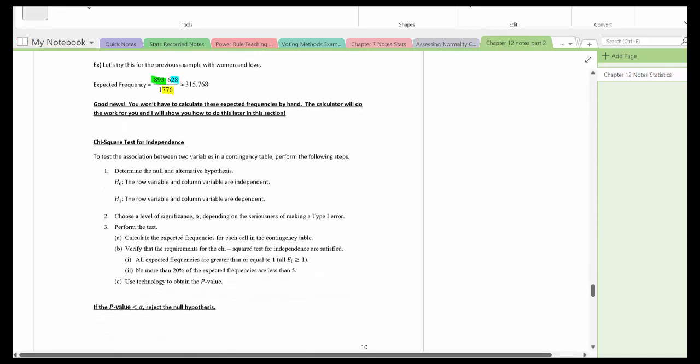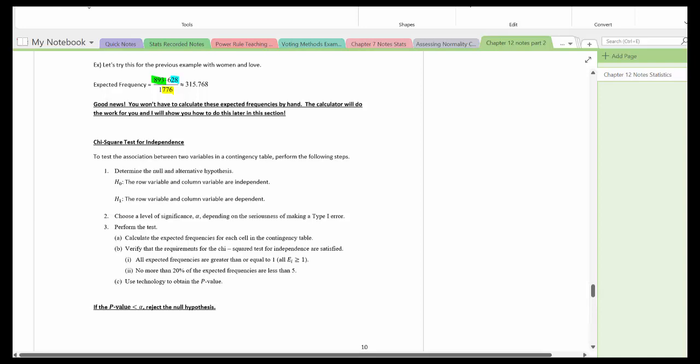Okay, chi-square test for independence. To test the association between two variables in a contingency table, we perform the following steps. Number 1, determine the null and alternative hypotheses. So again, the null hypothesis is that the variables are independent. The alternative hypothesis is that the variables are dependent. They'll give you the level of significance alpha and you perform the test.